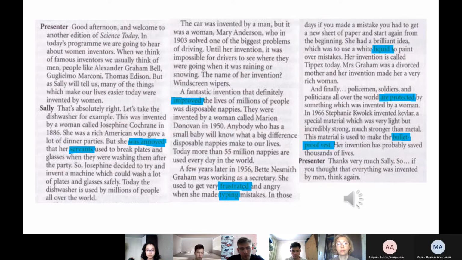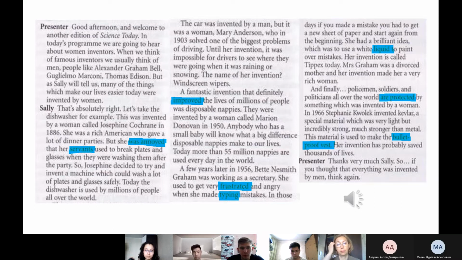The car was invented by a man, but it was a woman, Mary Anderson, who in 1903 solved one of the biggest problems of driving. Until her invention, it was impossible for drivers to see where they were going when it was raining or snowing. The name of her invention? Windscreen wipers.